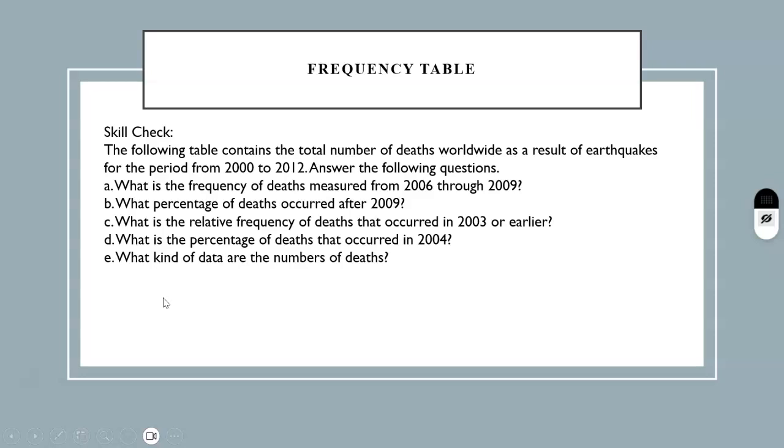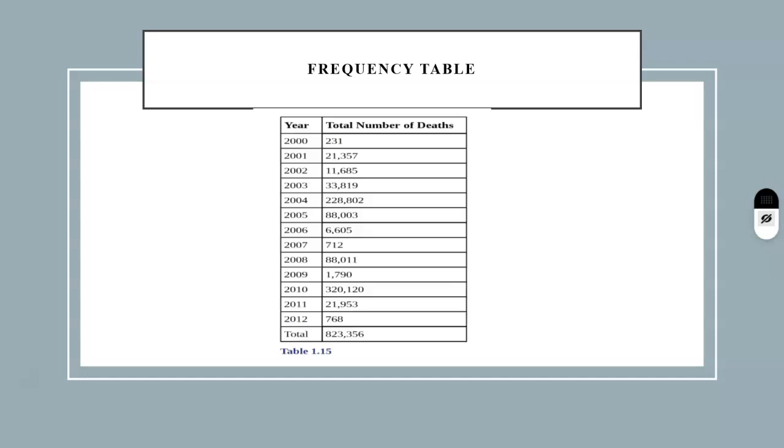Okay, so the next one is for you to calculate. The following table contains the number of deaths worldwide as a result of earthquakes from the period from 2000 to 2012. Answer the following questions. So before answering the questions, you will look into the table. So this is the table given, years and number of deaths, and you will create a frequency table.